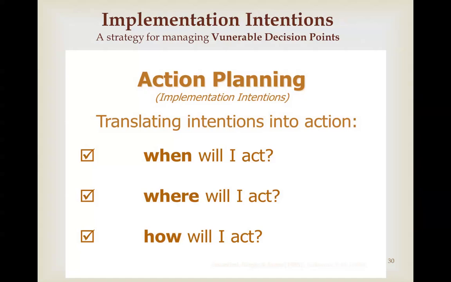And so at that moment, what we know is an effective intervention for adults, and there's considerable research on that, is this idea of implementation intentions, the idea of establishing in our mind's eye when I will act, where I will act, how I will act, and committing to these thoughts. When will I engage in the behavior? Where will I engage? These are like the flicker of light that's going to stay on in the prefrontal cortex that wants to shut off during the vulnerable decision point.